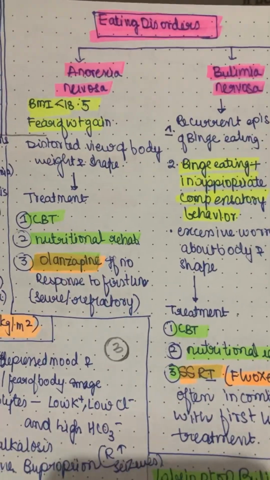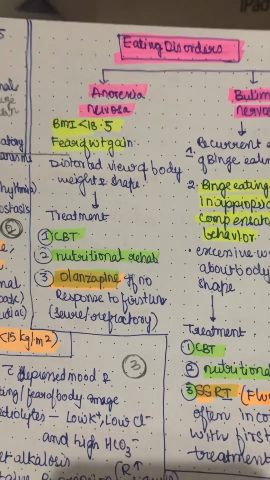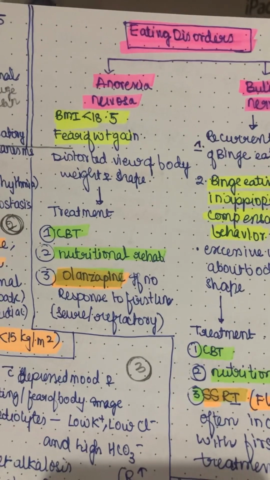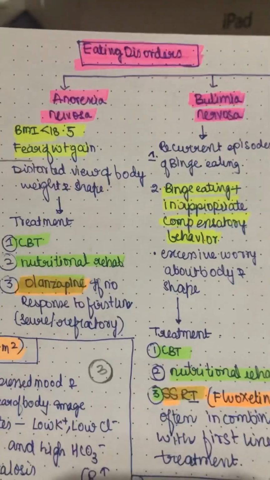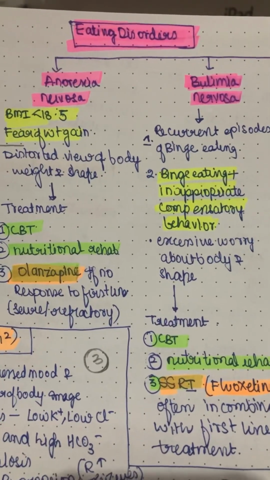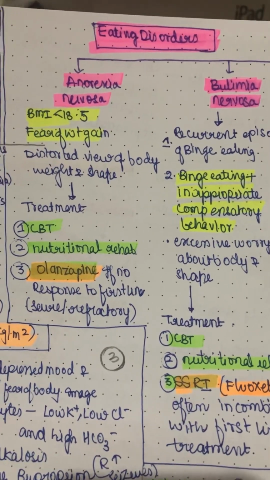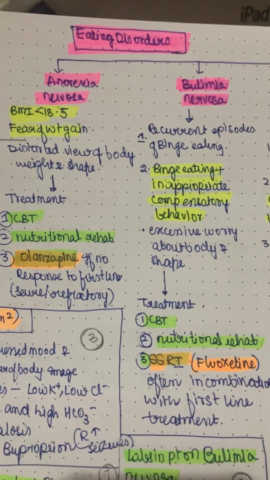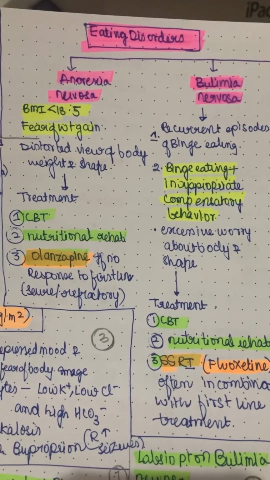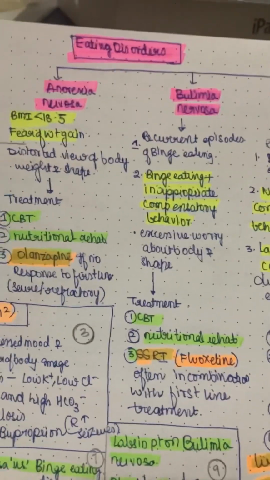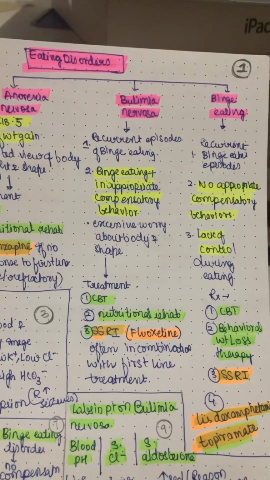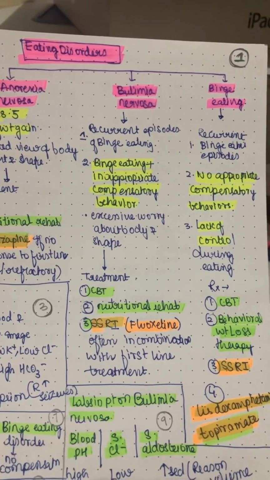Firstly, in anorexia nervosa, there are two types: restrictive type and binging and purging type. But the main difference between anorexia nervosa and bulimia nervosa is BMI, where bulimia nervosa has normal to high BMI, anorexia has low BMI. How do you differentiate between bulimia nervosa and binge eating disorder?